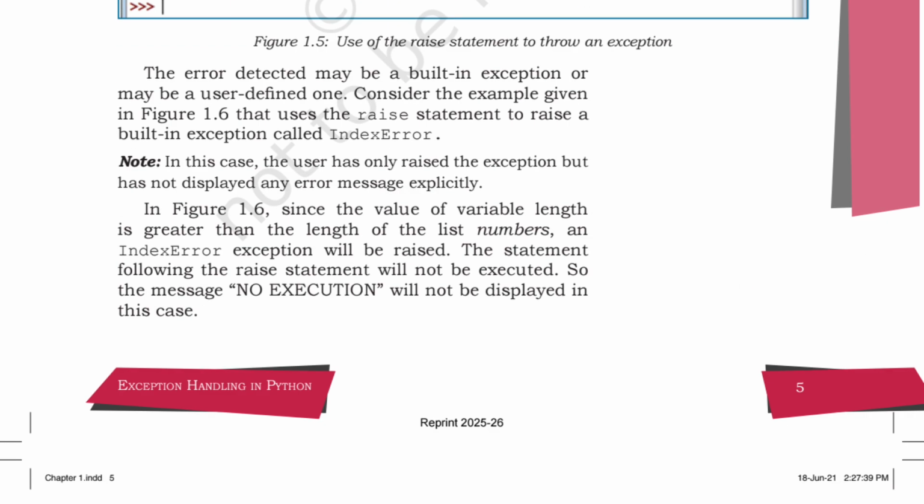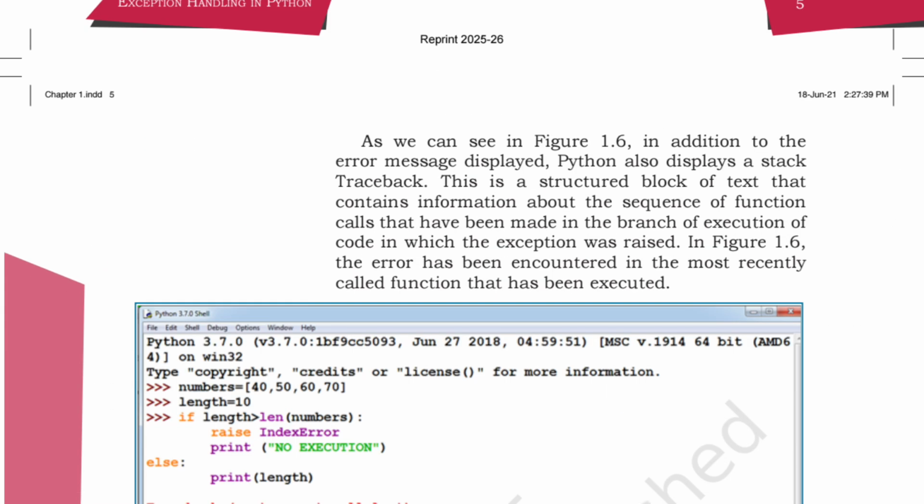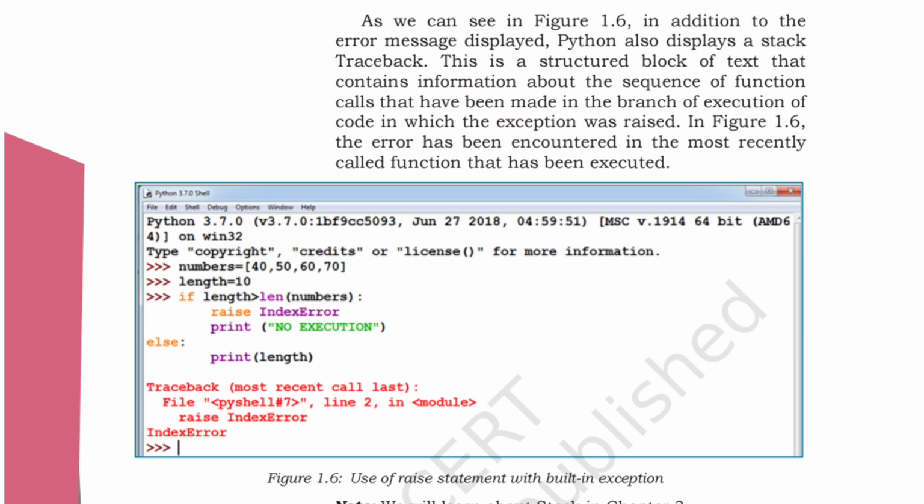We will see an example of this. The numbers are 40, 50, 60, 70. Length is 10, right? Length means range. If length is greater than length of numbers, raise IndexError, print "no execution", else print length.